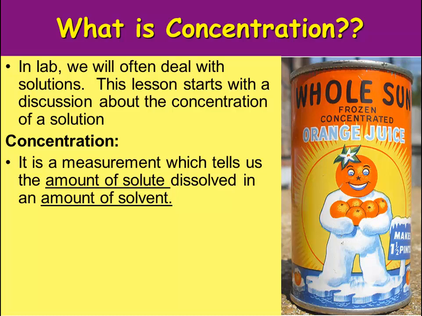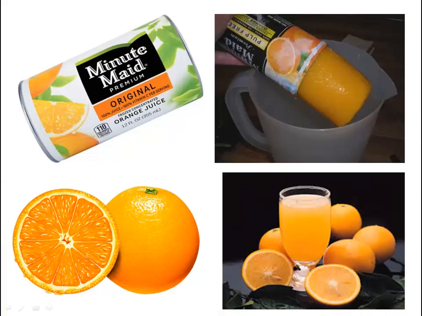Well, if you look here on the right-hand side, we see orange juice. We always see ads that say, this is orange juice that is from concentrate. Now, what does that really mean? Well, it means that they've taken oranges and they have processed them and made a concentrated pulp of orange solute, which is this here.